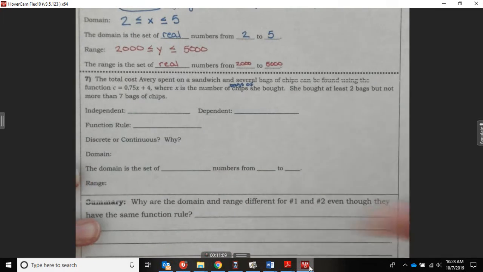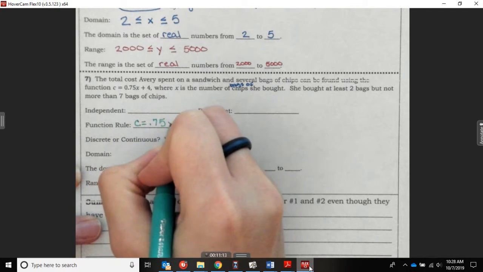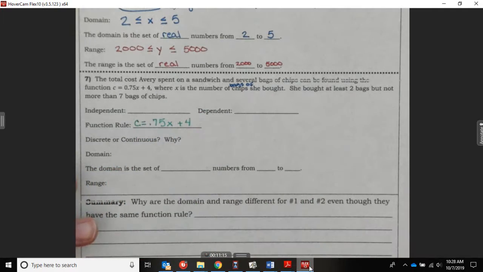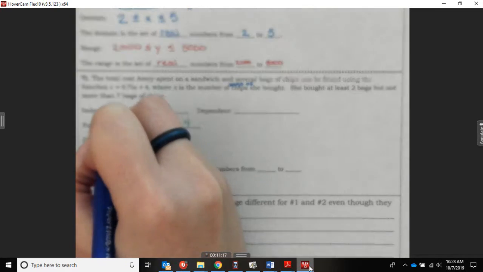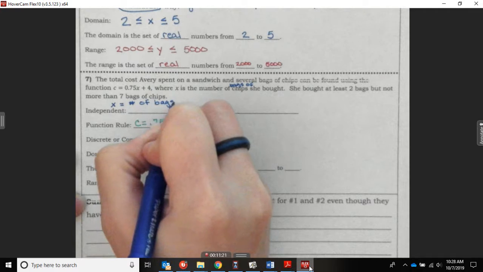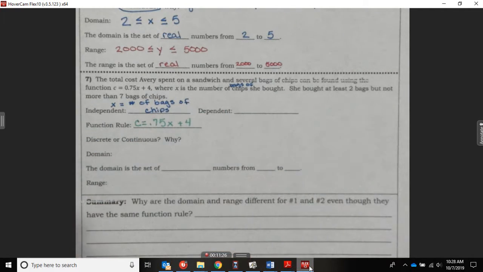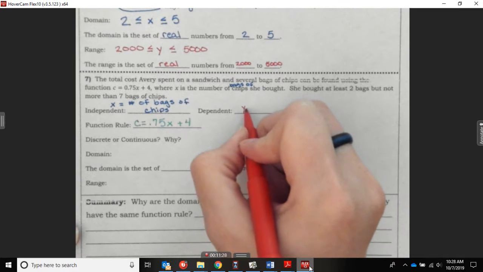So our function rule, they gave it to us, c equals 0.75x plus 4. And it even told us what that independent is, number of bags of chips. The dependent is the total cost, that's the y.